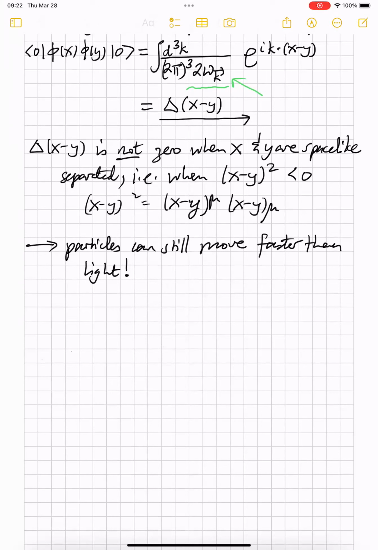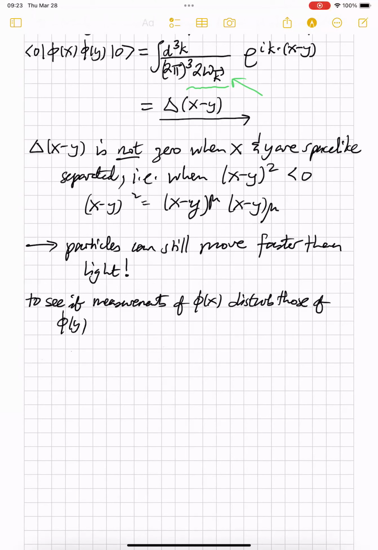So let's say to see if measurements of phi of X disturb those of phi of Y, we've discussed this, you need to compute the commutator phi of X, phi of Y, okay?